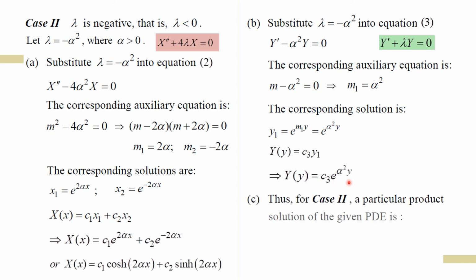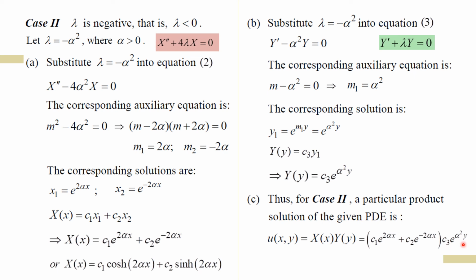So the product solution for case number 2 is given by u of xy is equals to x multiplied by y. Now x of x, as you got here, is c1 e to the 2 alpha x plus c2 e to the power of negative 2 alpha x multiplied by y of y, which is c3 e to the power of alpha squared y.